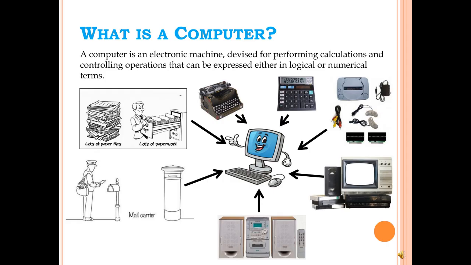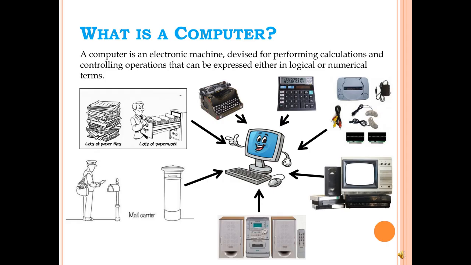Here you can see certain pictures, like a picture with lots of papers, and a drawer with lots of paperwork. There is another picture of a postman delivering a letter to a small letter box, and a big letter box from where the postman receives the letter.